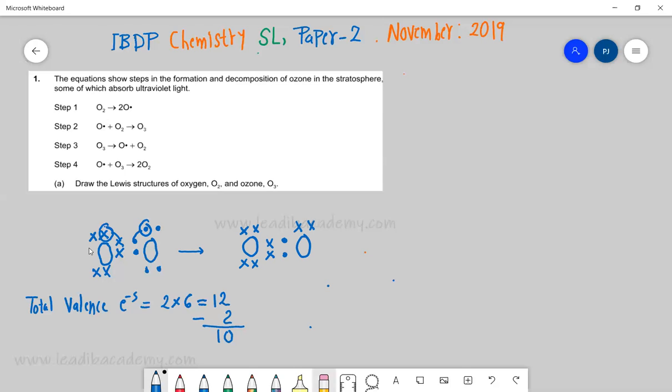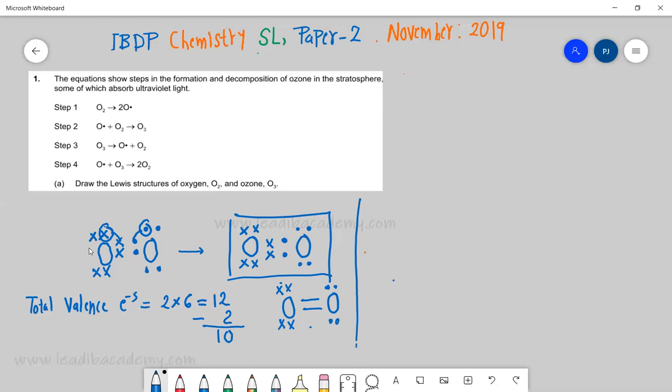This is the structure of oxygen. So in short, it is like a double bond with two lone pairs on each oxygen atom. Very, very simple. So this takes care of oxygen.